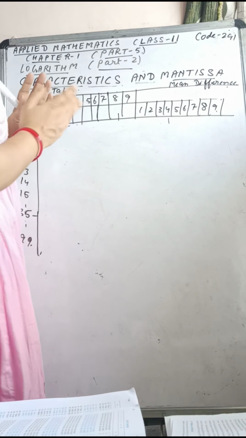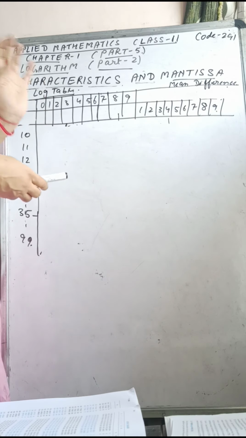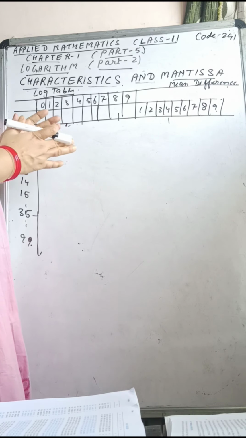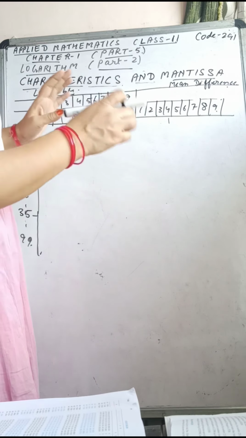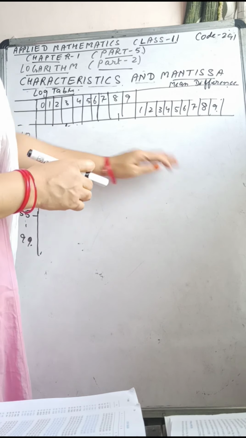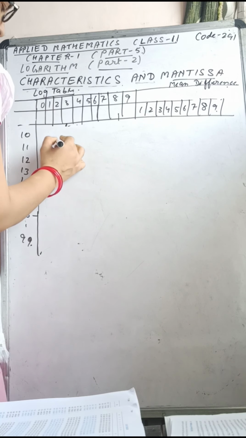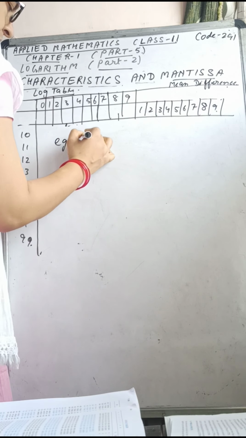So let us now understand again how to find the logarithm of a given decimal using the log table. I am taking one example and explaining everything from the start.